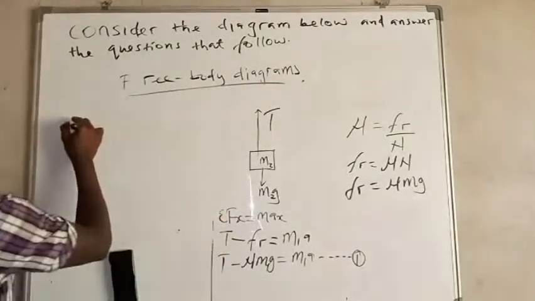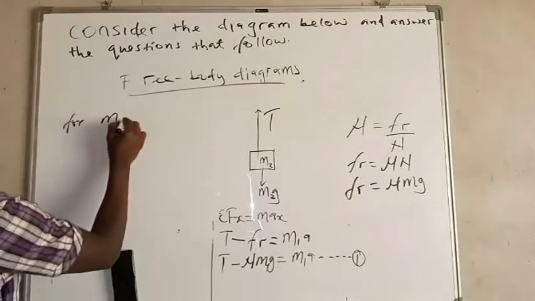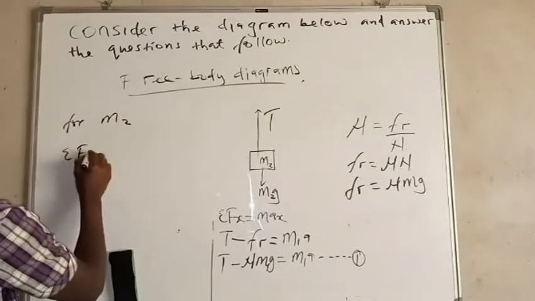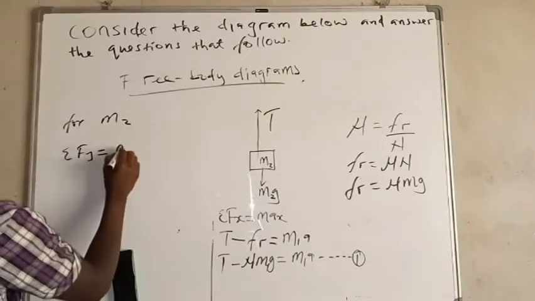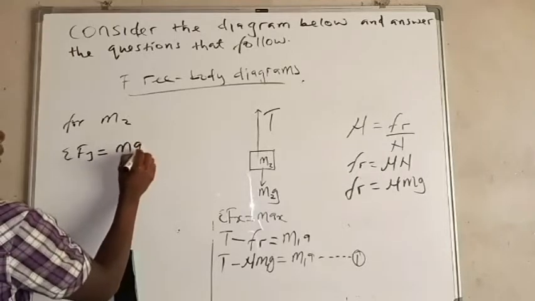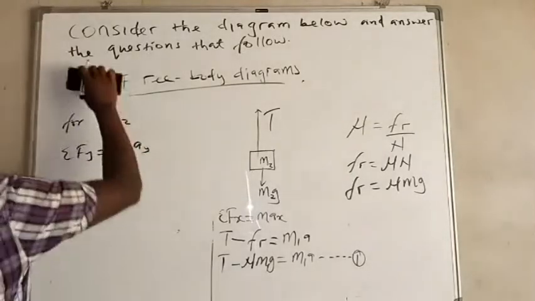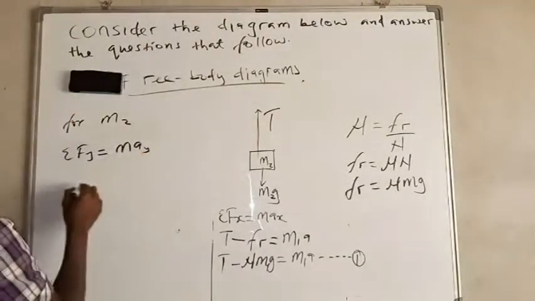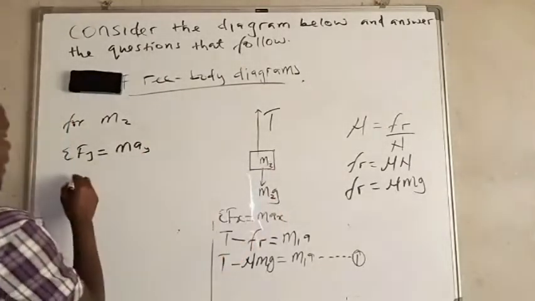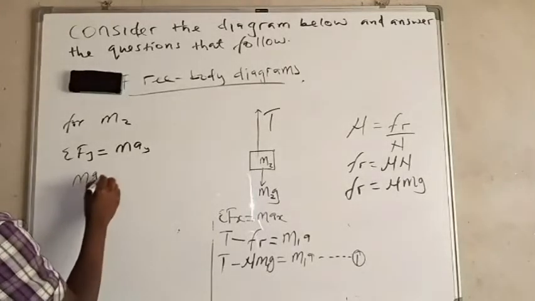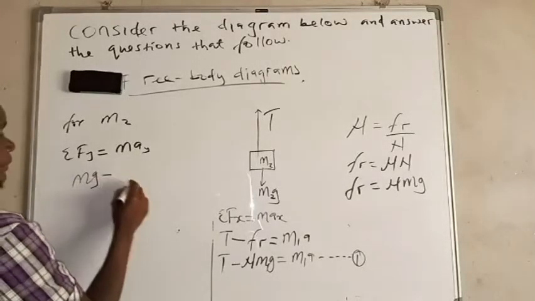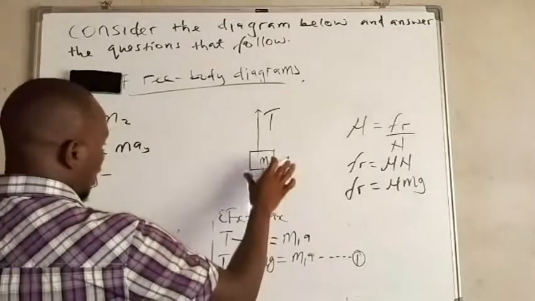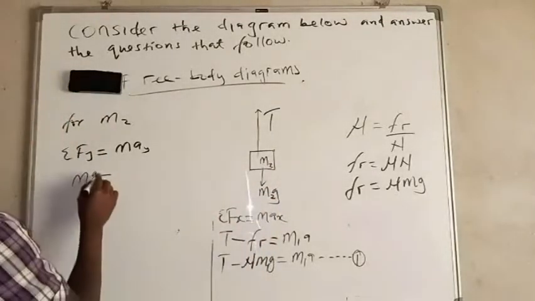So for M2, the summation of forces in Y must give us m2 a in Y. Since there's a motion that is coming like this, we have here the m2 g minus t, since these are in opposite directions, we're going to subtract.